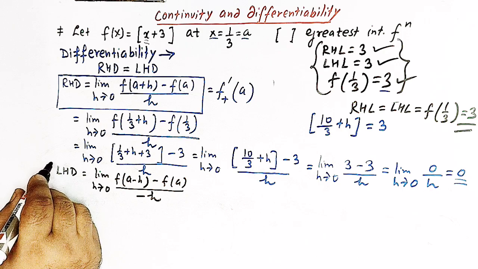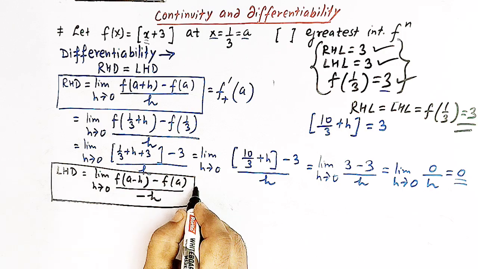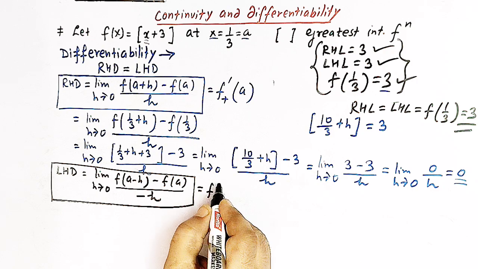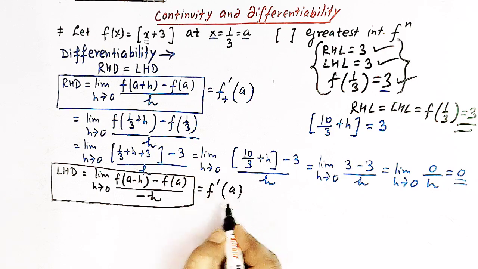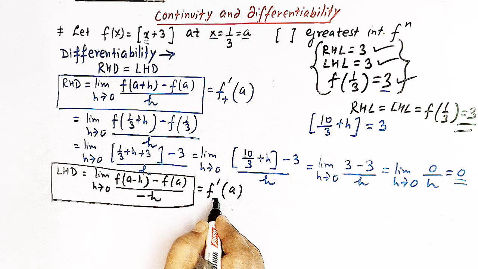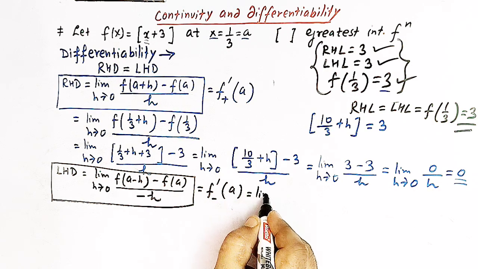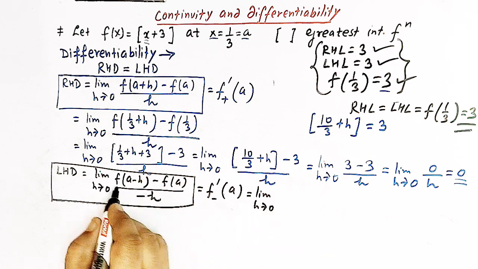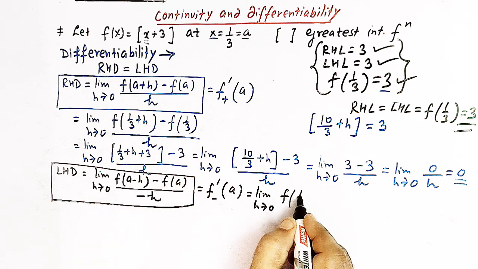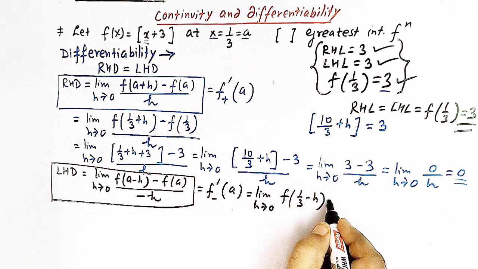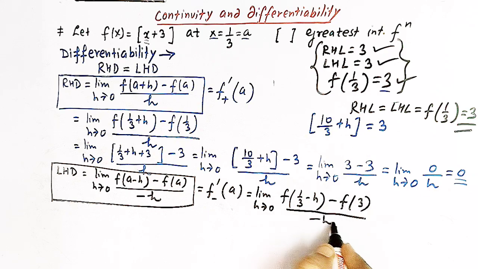This limit gives us the left hand derivative, and this notation may also be used, that is f prime, where we have a and put a negative sign. So now we have the limit h tends to 0, and f of a minus h is f of 1 over 3 minus h, minus f of 1 over 3, divided by minus h.